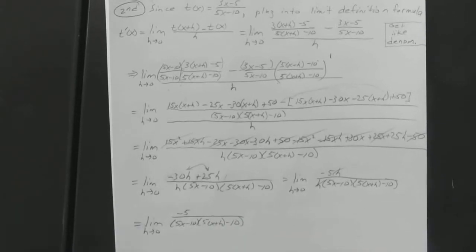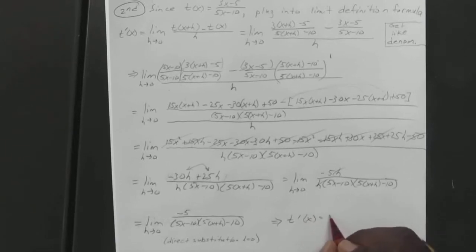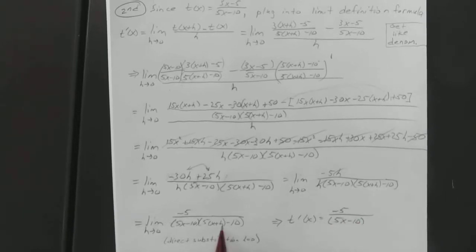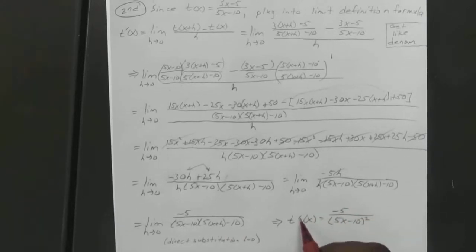If we use direct substitution and plug in h equals 0, we end up with negative 5 over 5x minus 10, and if that h becomes 0, you get 5x minus 10 again. So you have 5x minus 10 squared.